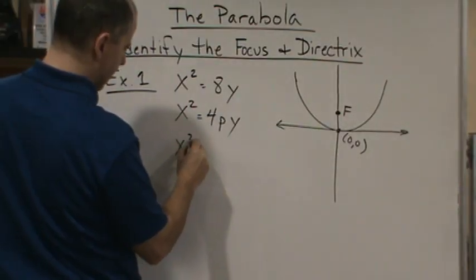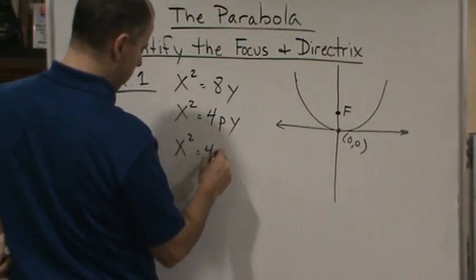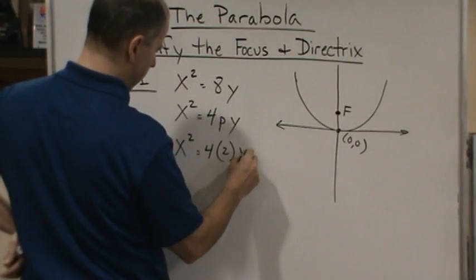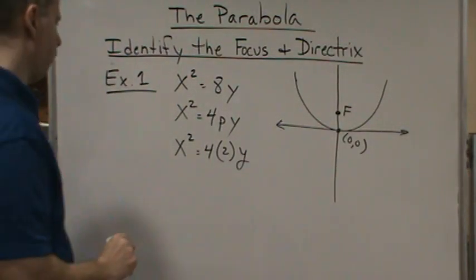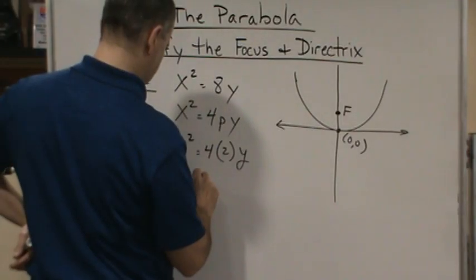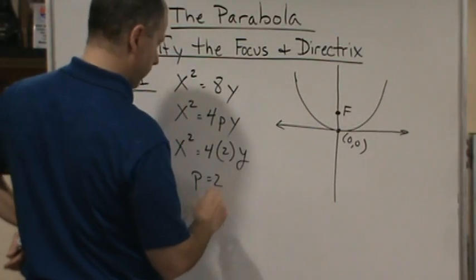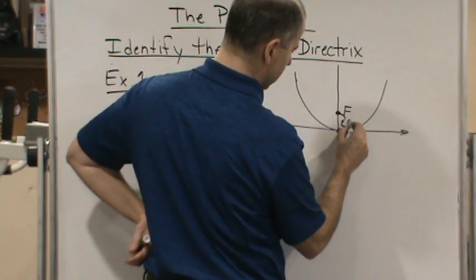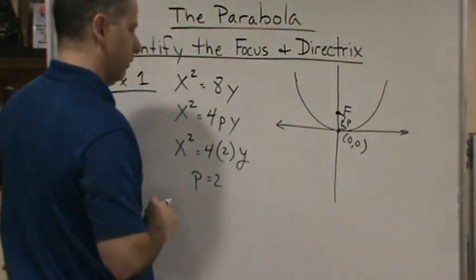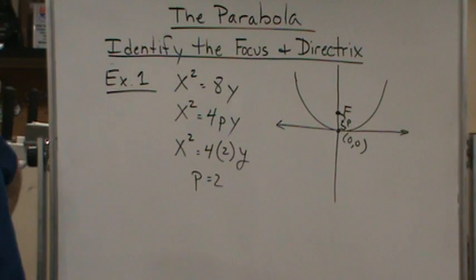So this has to be equal to 2y, and so we know p is equal to 2. That means this distance is equal to p, and it's also equal to 2.